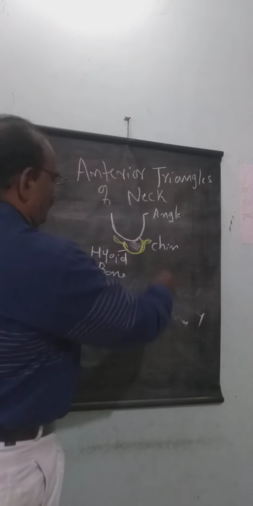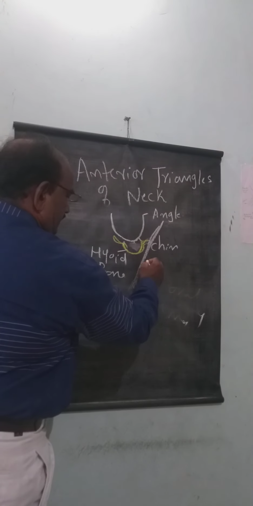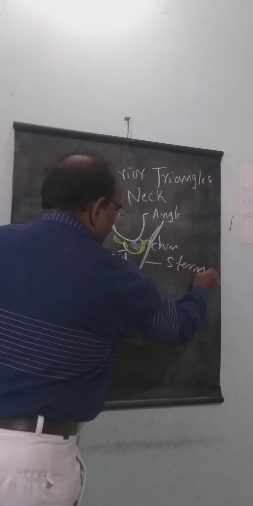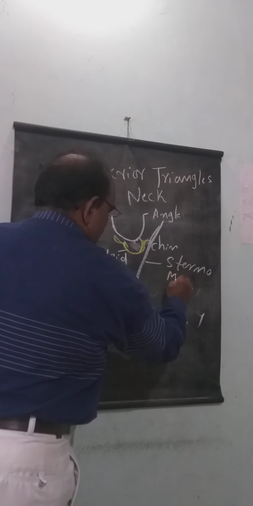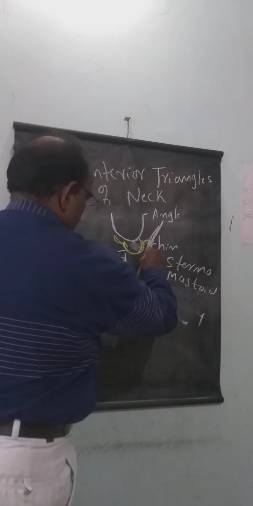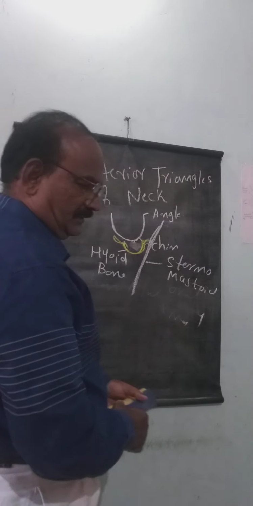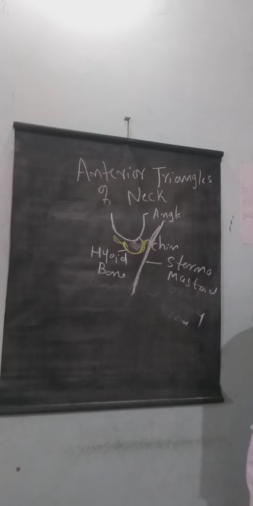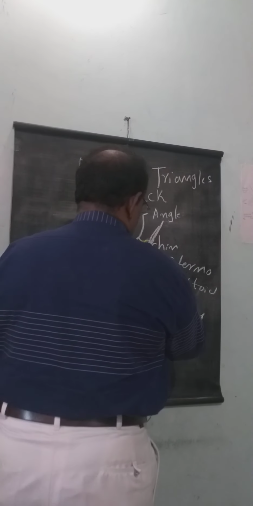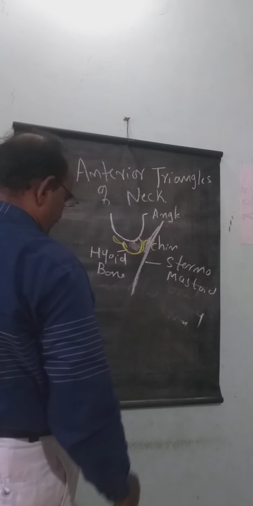This greater cornu is overlapped by the anterior border of the sternomastoid. Here you are seeing the sternomastoid. The anterior border of the sternomastoid overlaps the greater cornu of the hyoid bone.